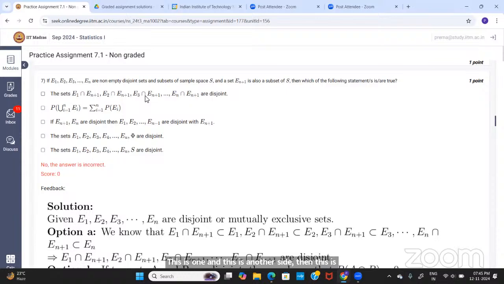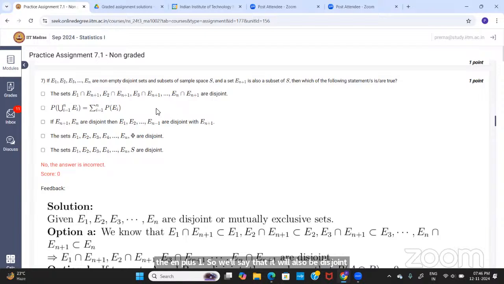Yes ma'am, you go first, Arun. Basically, ma'am, since E1 and E2 are disjoint, when we find the intersection of E1 with En+1 and compare it with the intersection of E2 with En+1, we'll say that it will also be disjoint, since E1 and E2 were disjoint.